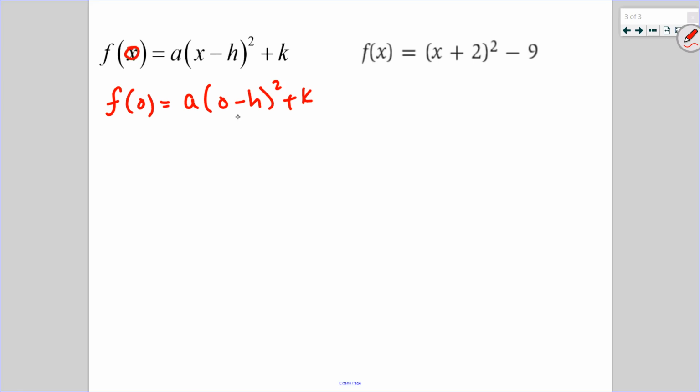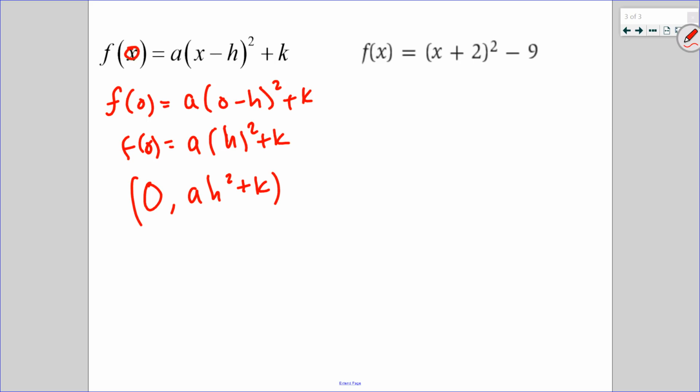But when I square negative h, it's always just h squared. So this f of 0, the y-intercept, is a times h squared plus k. So it's not as clean, there's still plenty of calculations, but that's your general form for the y-intercept.